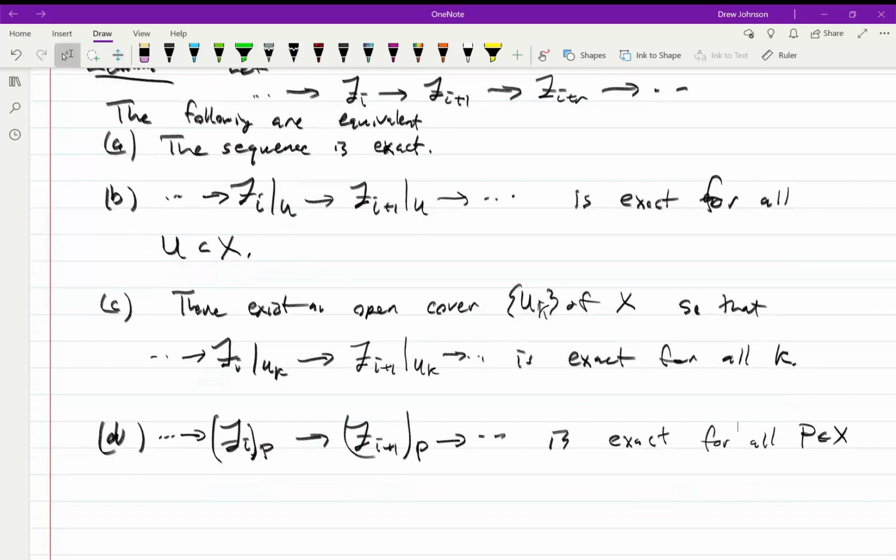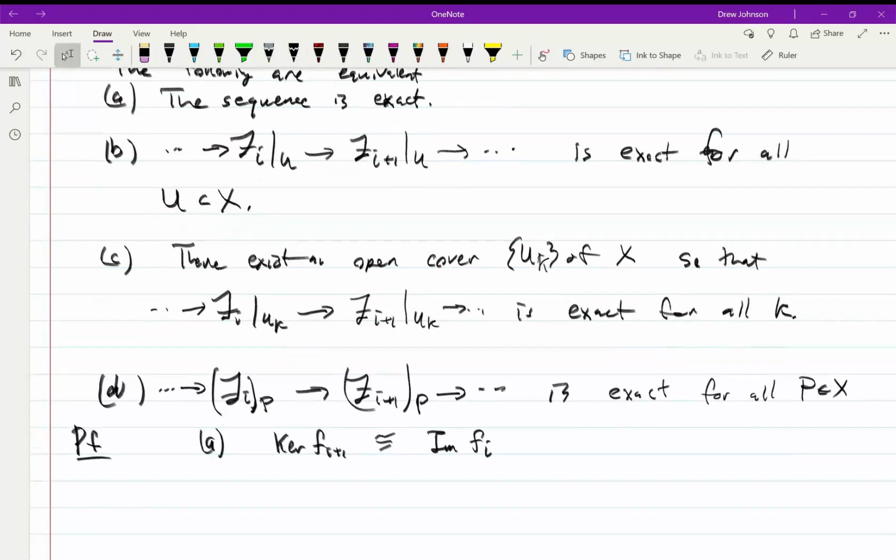Let me write down the proof. The point is, in order for it to be exact, we need the kernel of F_{i+1} to be isomorphic to the image of F_i. That is A. And then part D would just say that the kernel of F_{i+1,P} is isomorphic to the image of F_{i,P}.